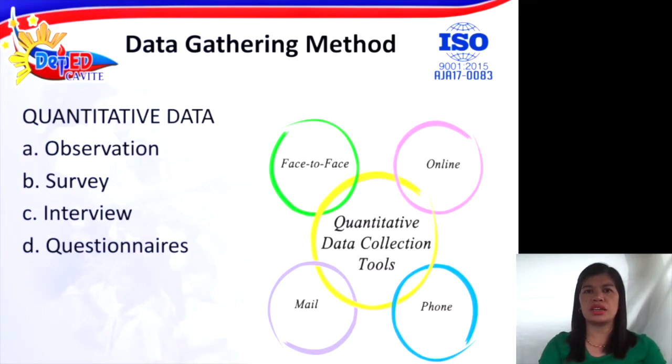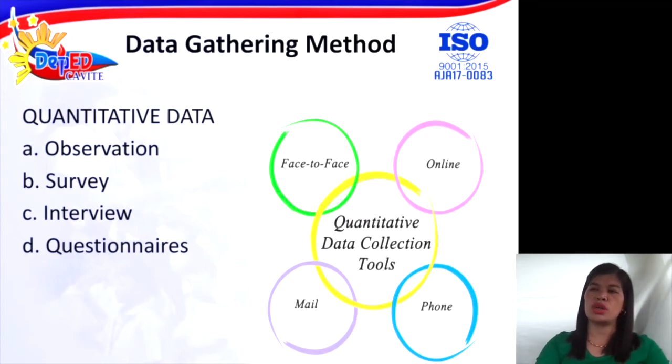So when we say standardized questionnaire, it has gone through the process of psychometric validation and has been piloted and revised. Okay? So if not, that's only a research-made questionnaire. So that's for the quantitative data.